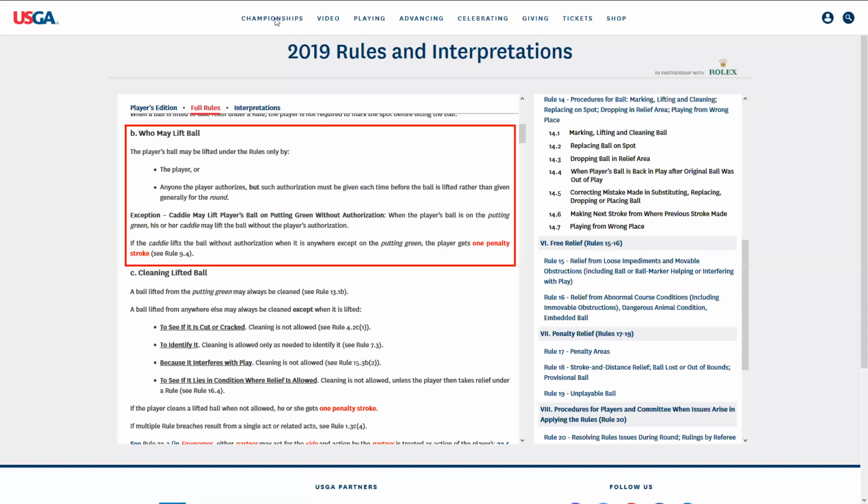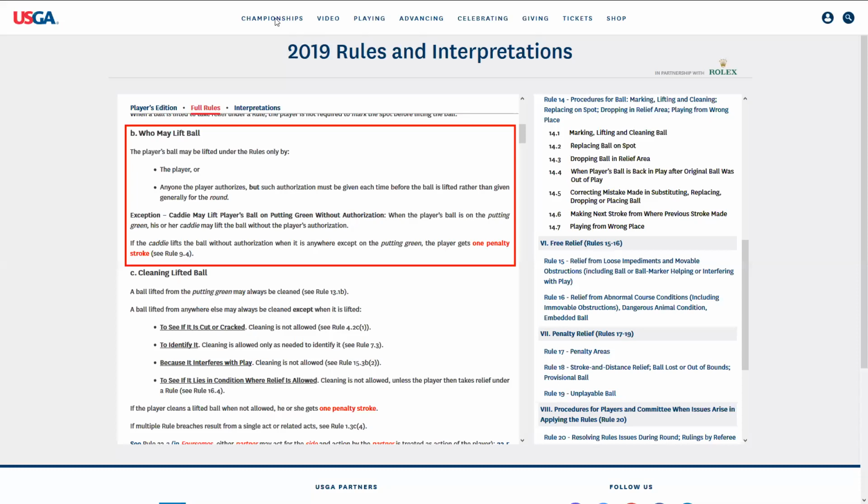The blue language at the bottom of 14.1c has a cautionary note for four-ball and foursomes, and we are going to see when we get there that under foursomes and four-ball, your partner may actually do the same thing as you can do, which is dropping a ball and replacing a ball and so forth.